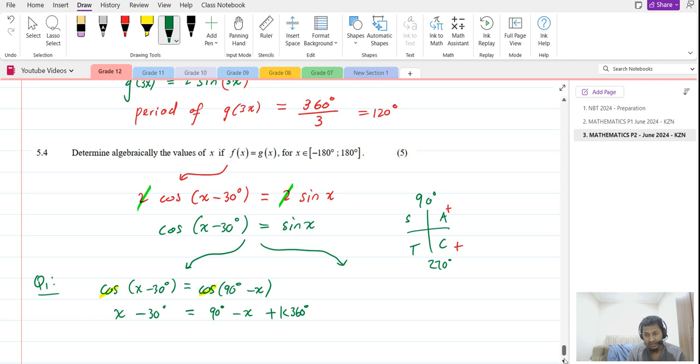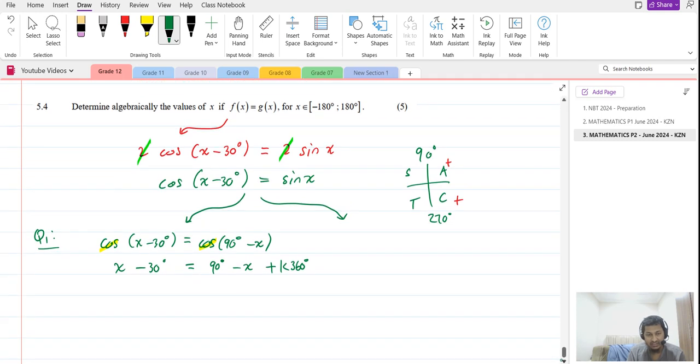Now we simplify. x plus x is 2x, and 90 plus 30 is 120 plus K360. And now we have x is equal to 60 degrees plus K180.